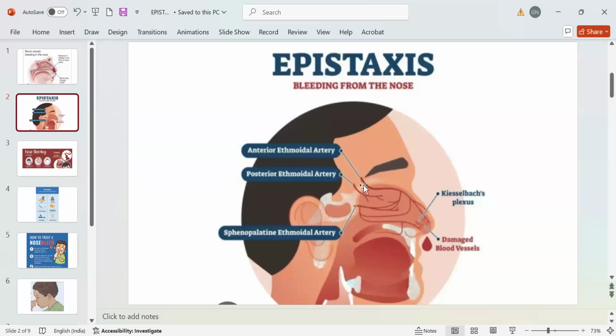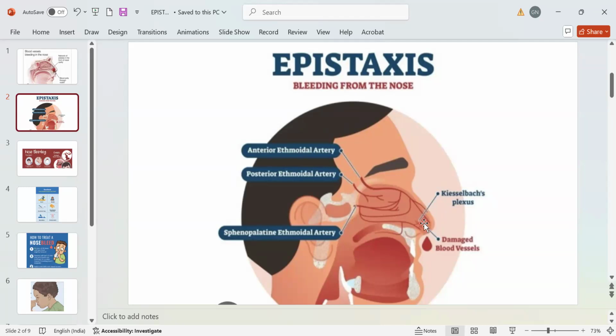Posterior bleeding is from the anterior ethmoidal artery. It can be the posterior ethmoidal artery or the sphenopalatine artery. If bleeding is from this part, it goes down the throat, and this is a dangerous type of bleeding because you cannot control it very easily. You cannot reach out here. Here you can reach out. How to manage this? I will tell you.